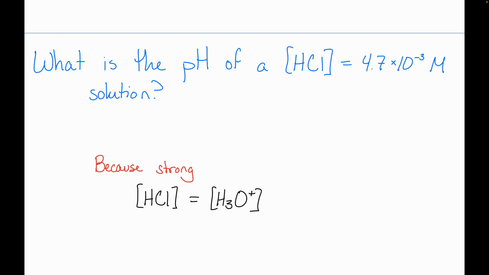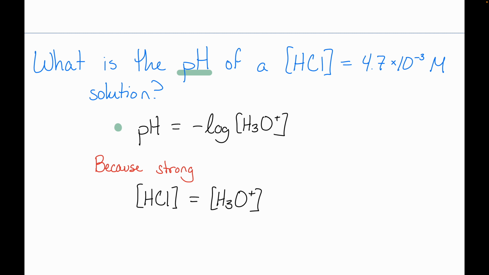All right, so for pH, we need that pH formula. It tells me that my pH is equal to the negative log of the concentration of hydronium ions.